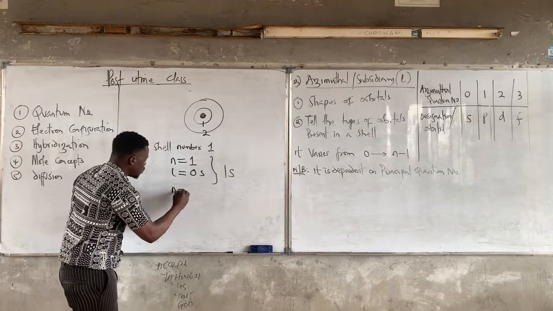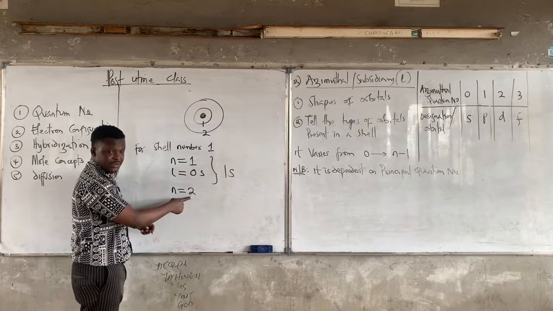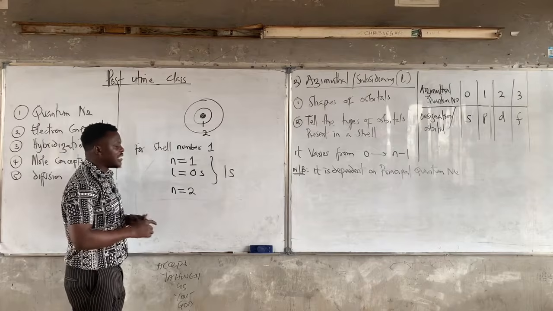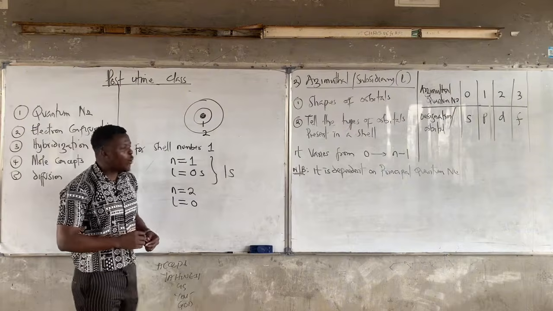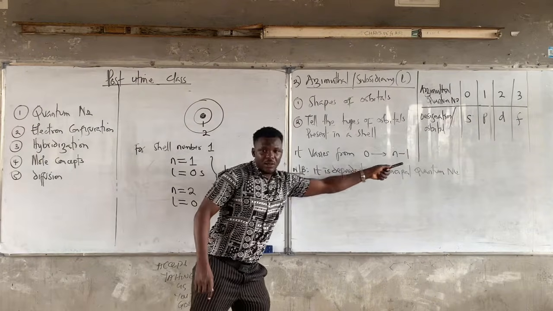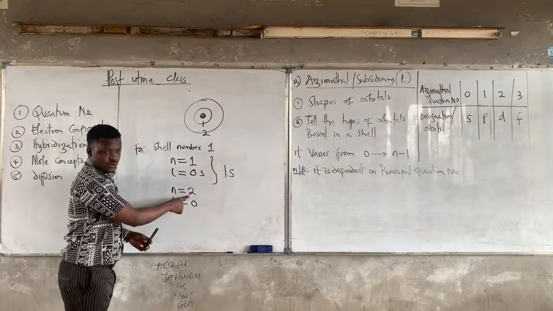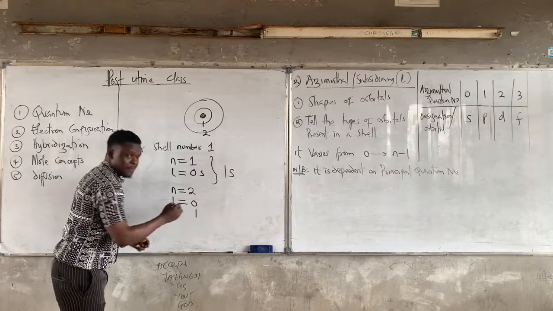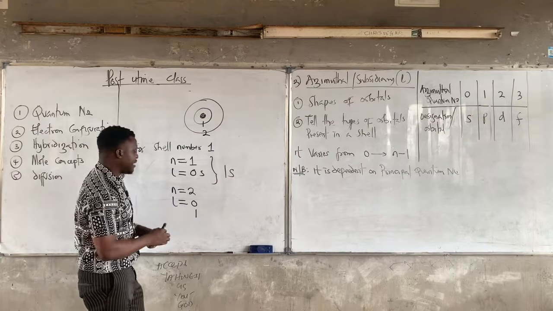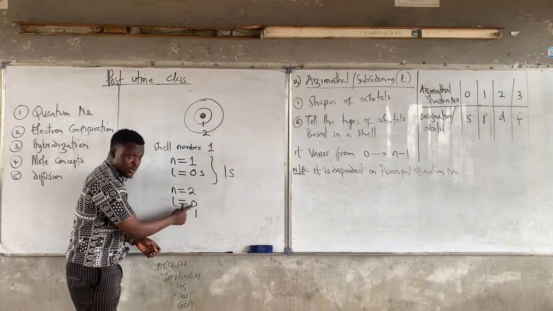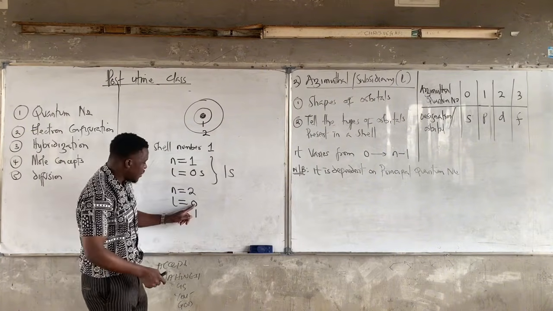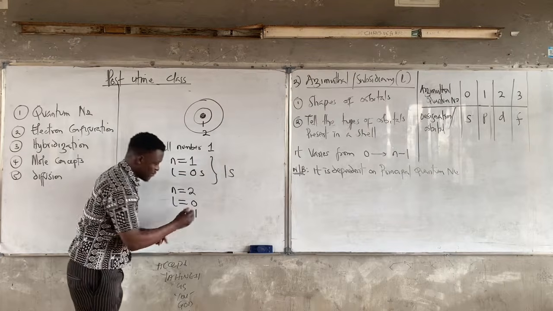If N equals 2, this is shell number 2, right? Now, azimuthal says if N equals 2, my value will always start from what? 0. And will stop at what? What is N in this case? 2, right? 2 minus 1 is what? 1. Once again, azimuthal used a value to designate each number. For 0, which orbital is for 0?